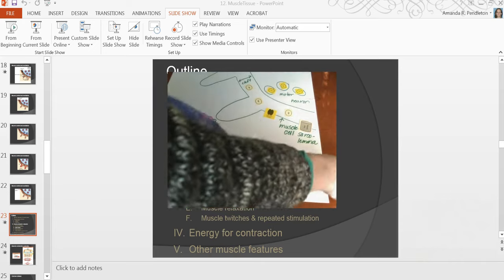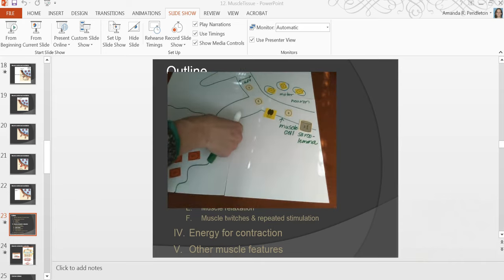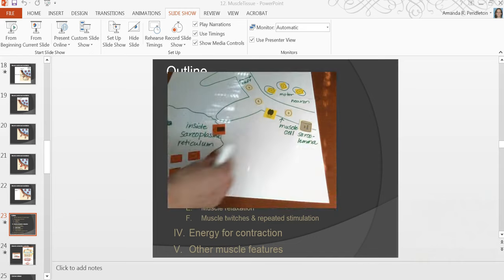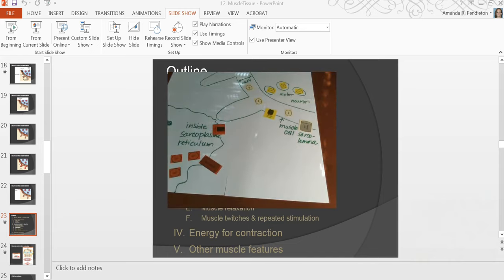We're going to have a couple of important things. We're going to have a calcium channel. It's closed, and it's on the sarcoplasmic reticulum membrane. We're also going to have a calcium pump in the same membrane.